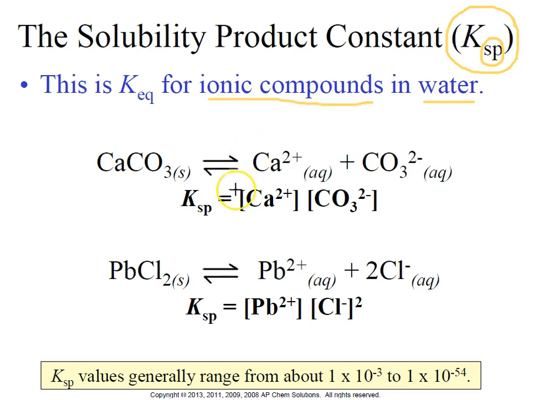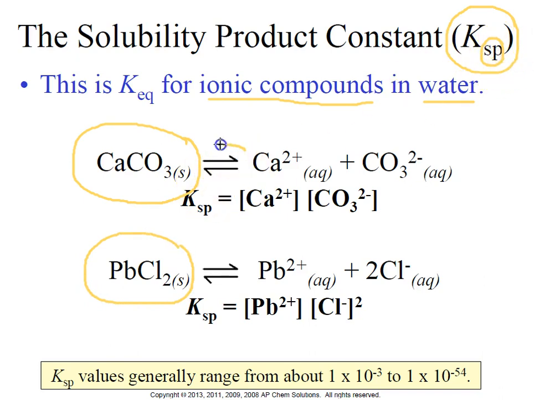So when we write the reaction for this, it's always the ionic solid as your only reactant. When this dissolves in water, the water is not reacting. The water is simply acting as an agent to break apart the ionic compound. So you only have your ionic compound as your reactant whenever you're dealing with a KSP.